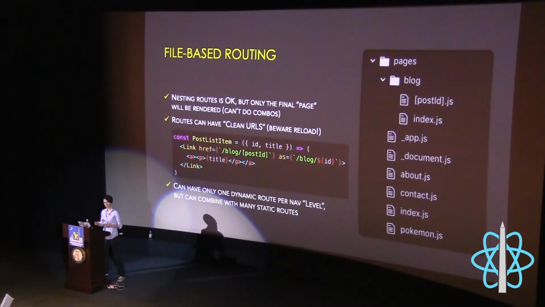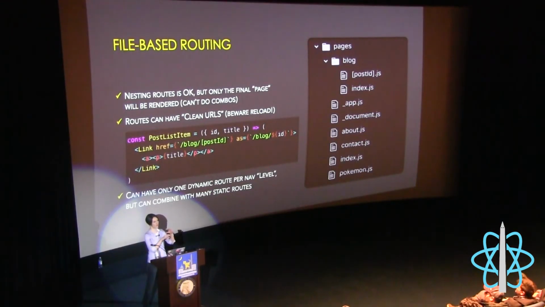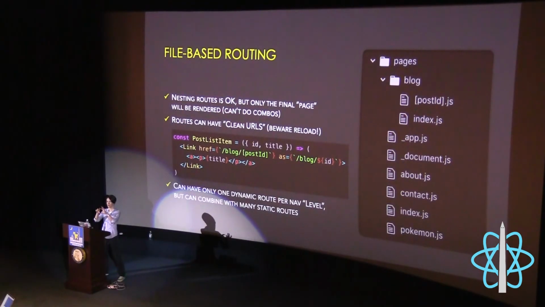Unlike React Router, one of the things that trips people up is that this is nested, but it's not in combination. So you can't have a dashboard, under the folder my account, and then have a persistent dashboard with preferences, settings, and my billing.